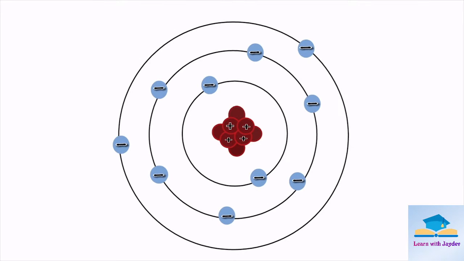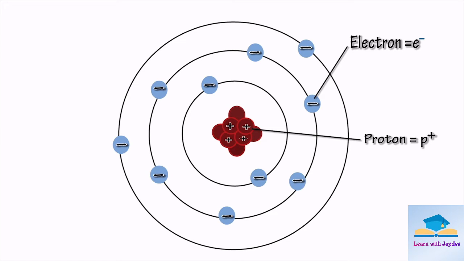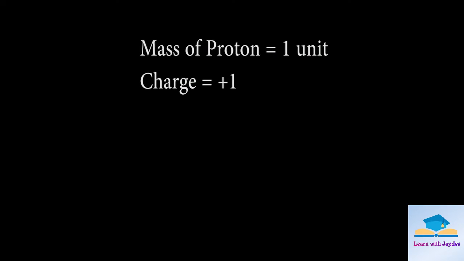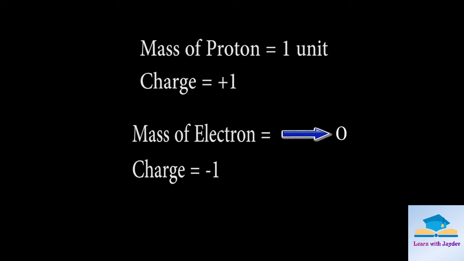In general, an electron is represented as e negative and a proton as p positive. The mass of a proton is taken as 1 unit and its charge as +1. The mass of an electron is considered to be negligible and its charge is -1.